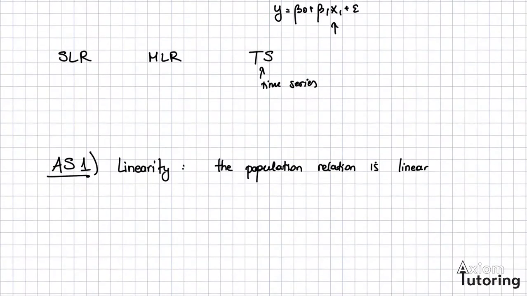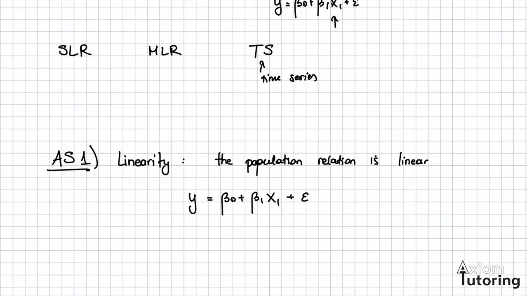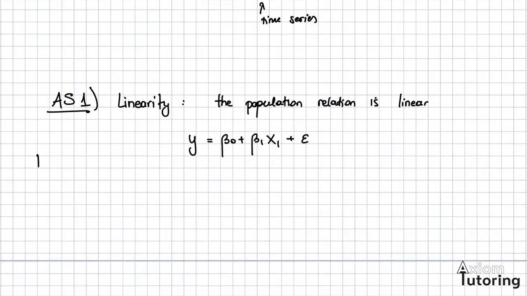If I have a simple regression, for instance, it would look like beta null plus beta 1 x1 plus an error term. And someone might open their data and see, let's say, data that looks like this.